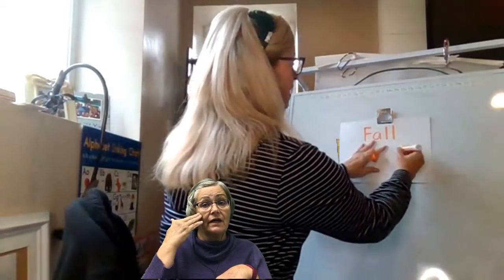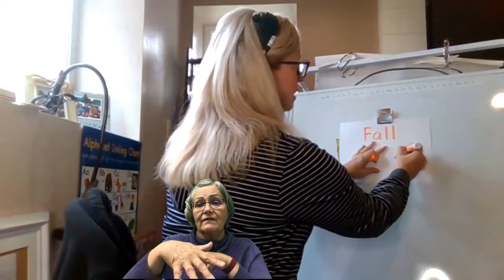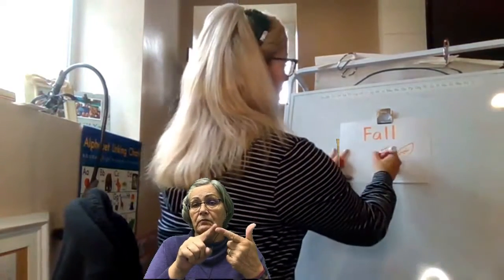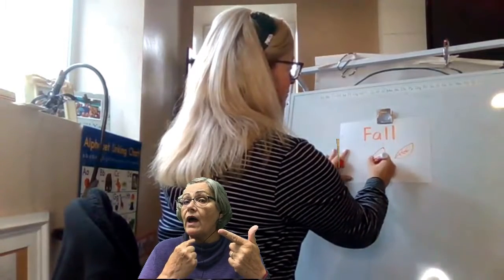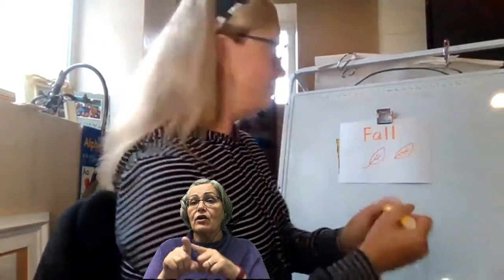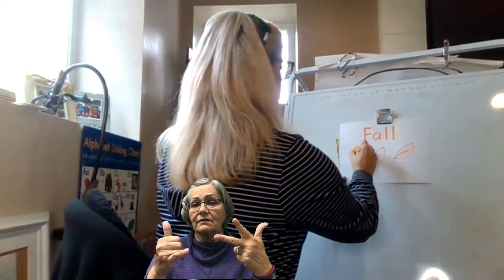Well, I know that fall leaves are bright orange and red. And I know that some are also yellow. And some are even brown in the fall.